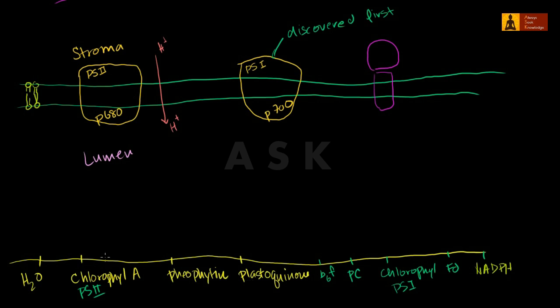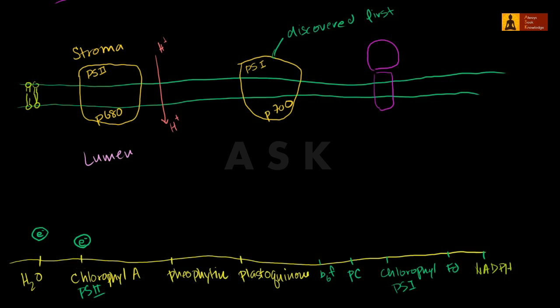Now, if we go up, that's a high energy state, down is a low energy state. So electrons are already very comfortable in water. And in chlorophyll A, they're even more comfortable, or at least this is how I view it. But left to its own devices, this electron will never leave chlorophyll A.